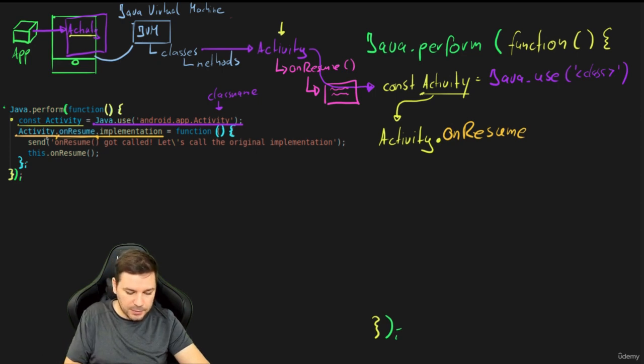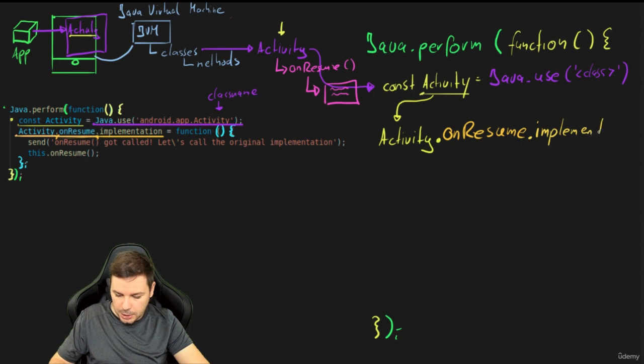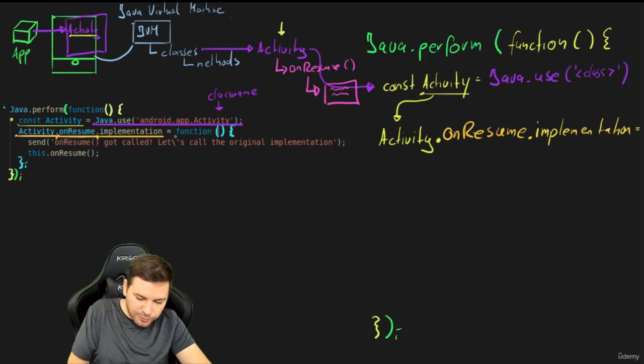We've got our activity, we've got our onResume, and now we want to have a new implementation. And now we can provide a new function to this one. So we are telling equal sign, and now we are saying, okay, we want to have a new function. I'm going to write this down here.